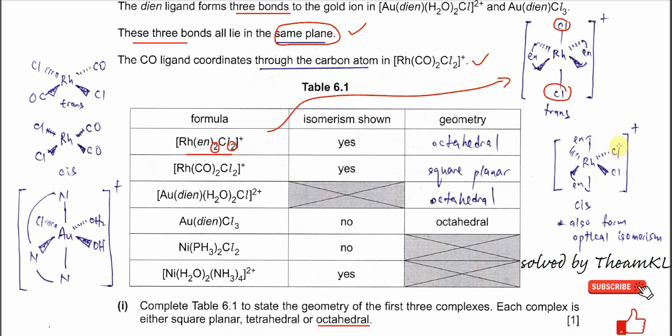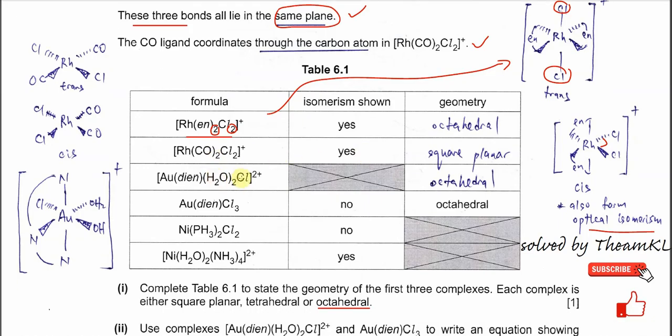Now the chlorines are on the same side, meaning the bond angle between them is 90. And this cis isomer can form another one, the optical isomer, meaning it will form a mirror image, which is not superimposable.